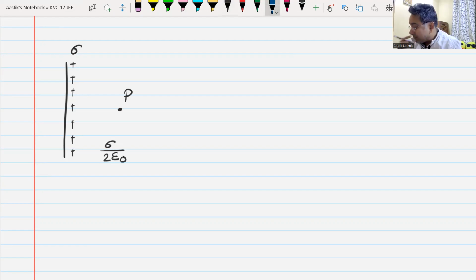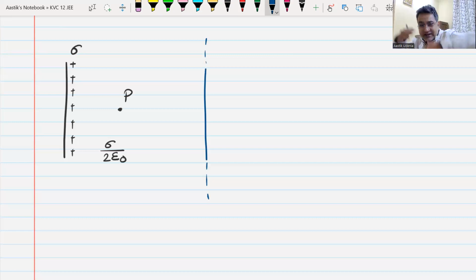Now I have a similar thing happening here. Infinite sheet, which is infinite in both dimensions. It is infinite in this dimension and it is infinite in this dimension. It carries current per unit length as lambda.